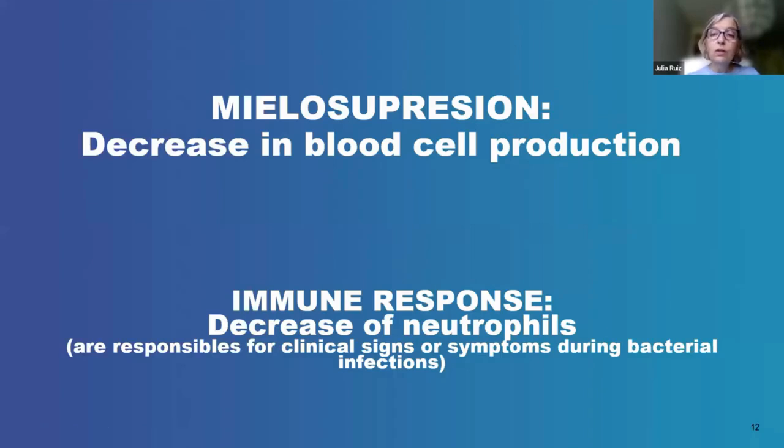So we have two concepts here, and mostly in our patients, as we are going to see on the next slide when we see a timeline of the transplant, we have myelosuppression. There is going to be a decrease in blood cell production, and we have an immune response that doesn't cover what we need. There is going to be a decrease of neutrophils, and we know that neutrophils are also responsible for some clinical signs and symptoms during bacterial infection.